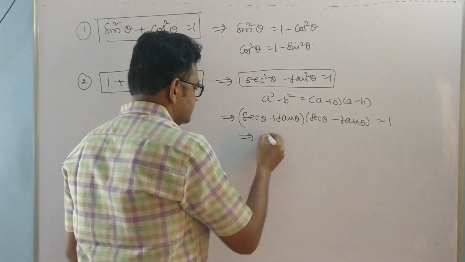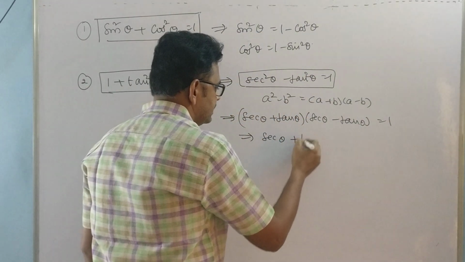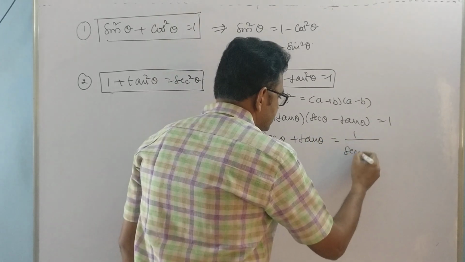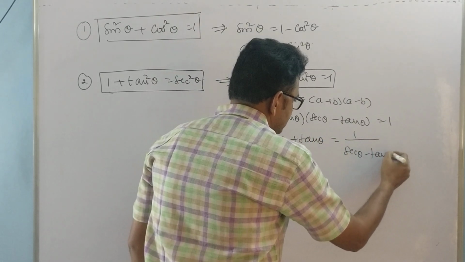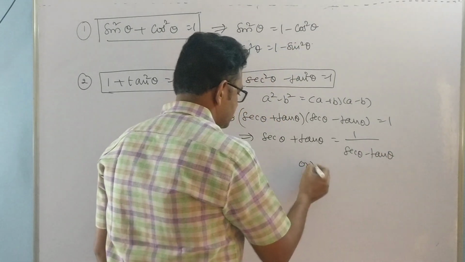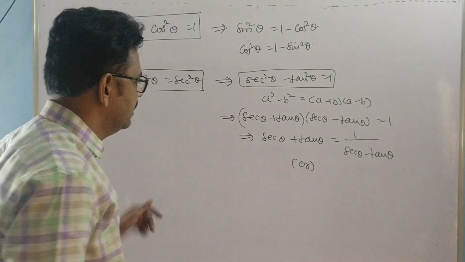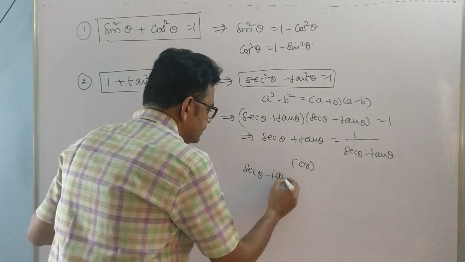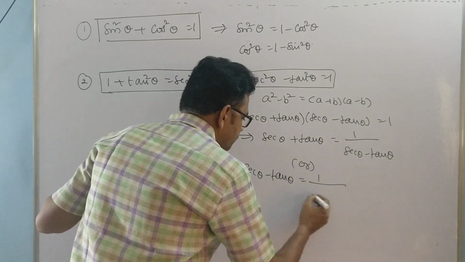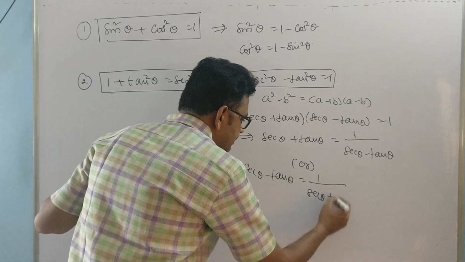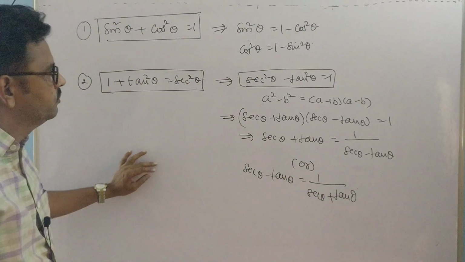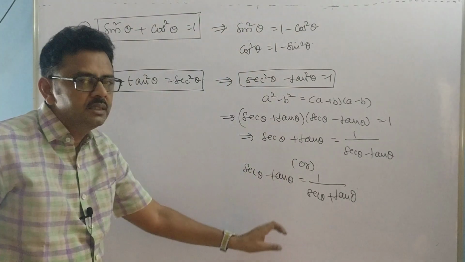That implies secant theta plus tan theta is equal to 1 by secant theta minus tan theta, or secant theta minus tan theta is equal to 1 by secant theta plus tan theta. So while solving the problems, use all these.